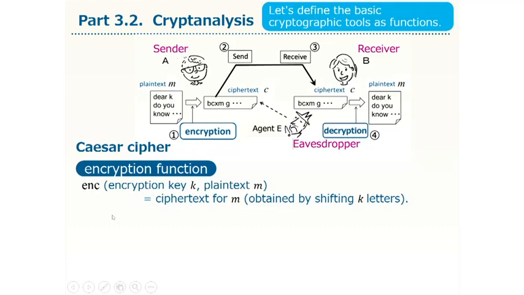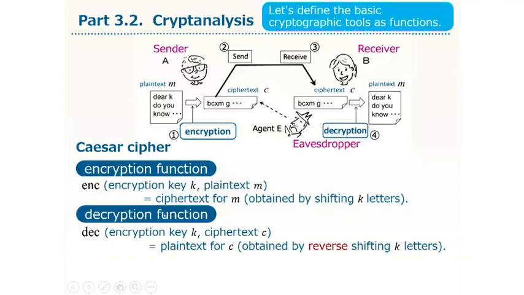The encryption function enc takes two arguments: the encryption key K, which tells how many letters to shift by, and the plain text M. Then it provides a ciphertext for M, which is obtained by encrypting M, in other words, shifting it by K letters in the alphabet. In contrast, a decryption function dec takes the encryption key K and ciphertext C, and then decrypts C by shifting K letters reversely, thus providing the plain text for C.